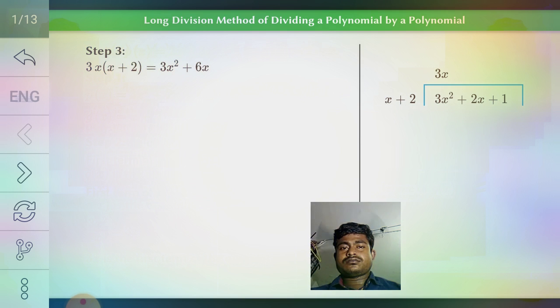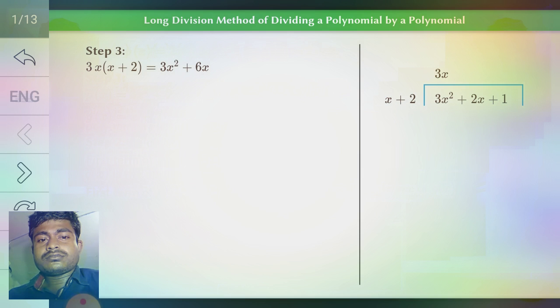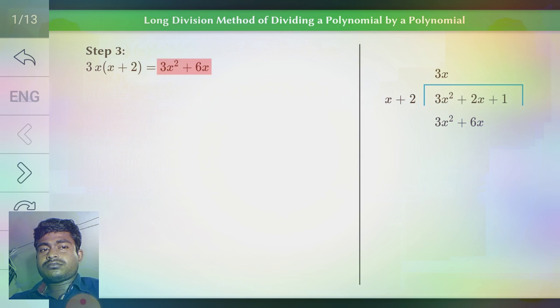Step 3. Multiply the first term of the quotient obtained in step 2 by the divisor and subtract the product from the dividend. The result is the remainder. Multiplying x + 2 by 3x, we get 3x(x + 2) = 3x² + 6x.